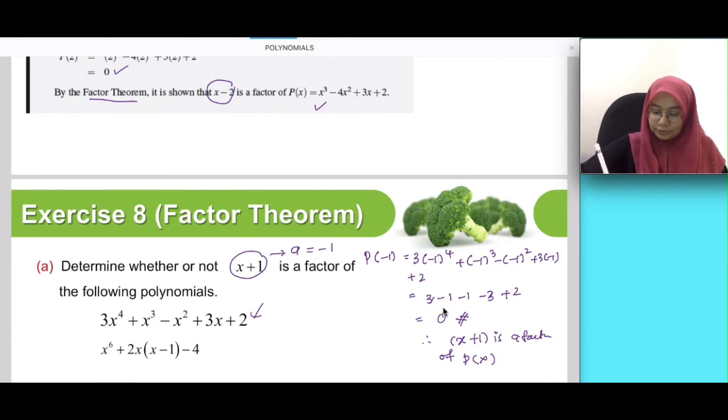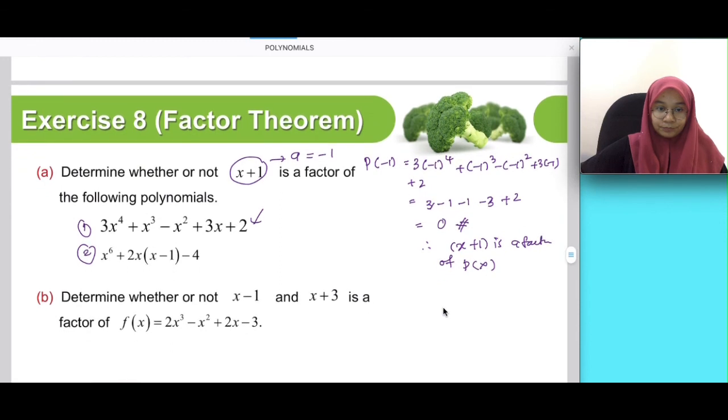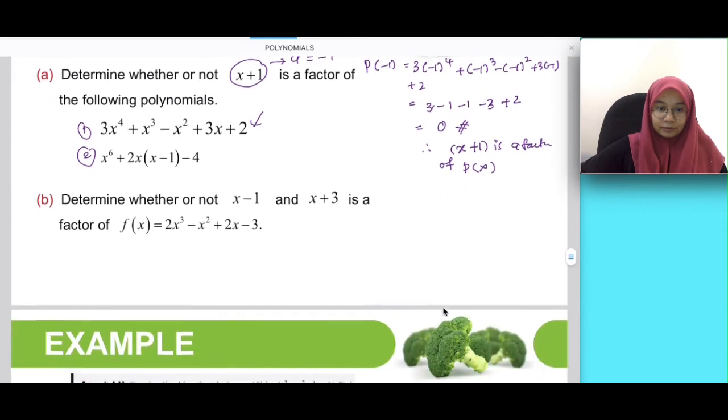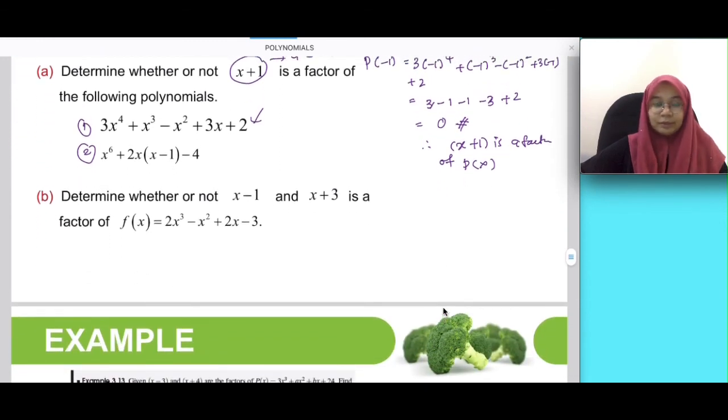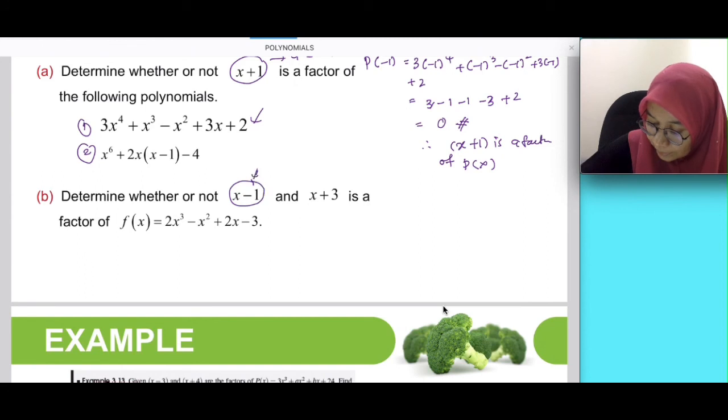Okay, so this one is number 1, this one is number 2. So you can try number 2. Determine whether or not x minus 1 and x plus 3 are factors of f(x) equals 2x cubed minus x squared plus 2x minus 3. So x minus 1, a is equal to 1. x plus 3, a equals minus 3.